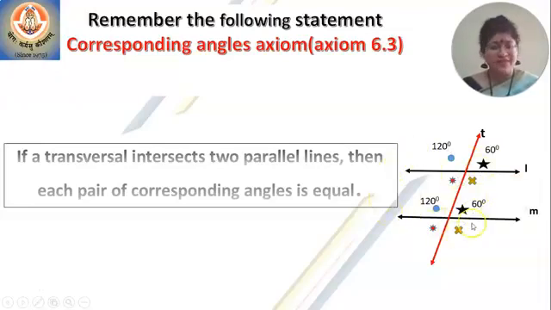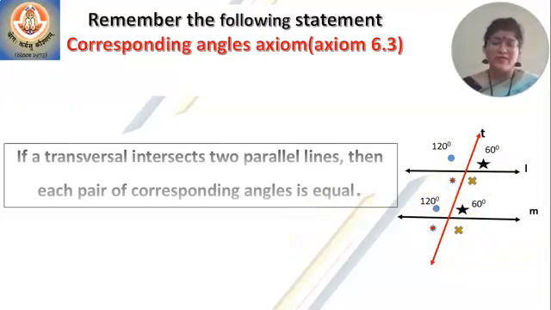So students, you have done this, and remember this name, and remember this sentence. It is the corresponding angle axiom. So what does the corresponding angle axiom state? It states that when a transversal intersects two parallel lines, then each pair of corresponding angles will be congruent. Okay.